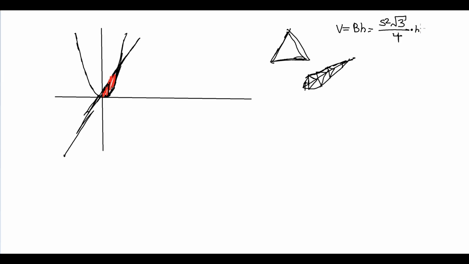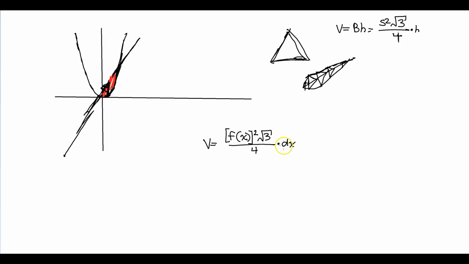Now what is s? Well, s is just f of x, since this is part of our equilateral triangle. So with s equaling f of x, we can rewrite our volume as f of x squared times root 3 over 4 times dx.